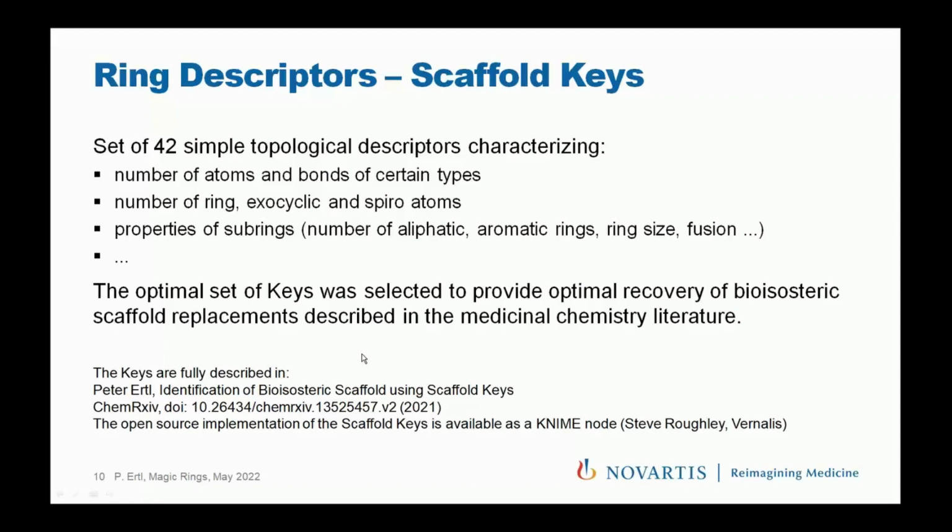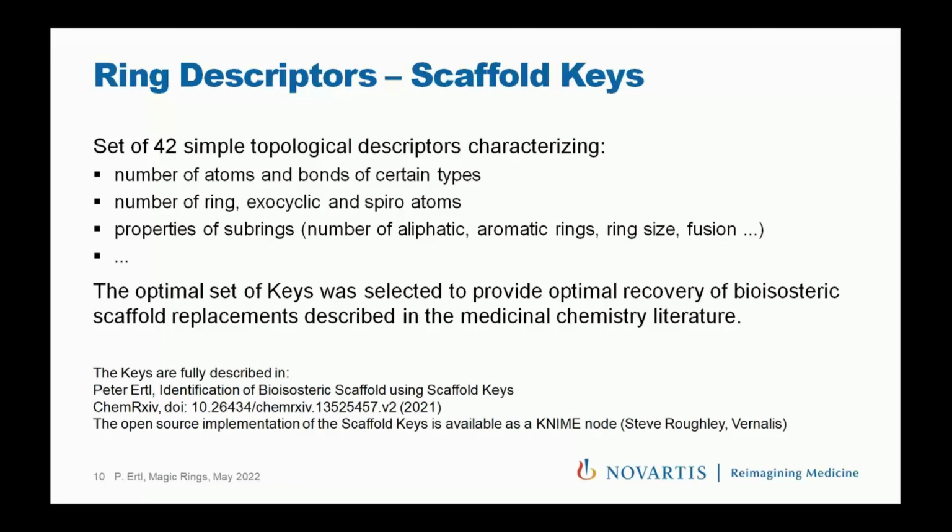But I have very good news. This is breaking news. It came just yesterday. Now there is an open source implementation of the scaffold keys available as a KNIME node. It has been done by Steve Roughley from Vernalis. It is part of the well-known Vernalis KNIME nodes. Steve, if you are online, thank you very much, because this is a really excellent implementation of scaffold keys.